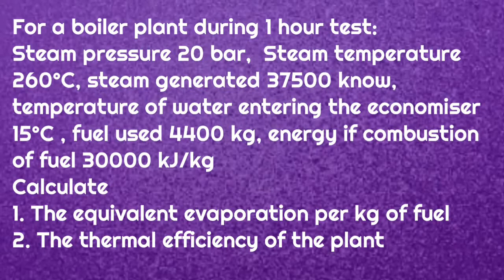Steam pressure 20 bar, steam temperature 260 degrees Celsius, steam generated 37,500 kilogram, temperature of water entering the economizer 15 degrees Celsius, fuel used 4,400 kilogram, energy of combustion of fuel 30,000 kilojoule per kilogram. Calculate equivalent evaporation per kilogram of fuel. Second, thermal efficiency of the plant. So this was the given question.